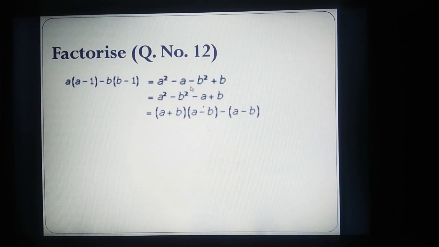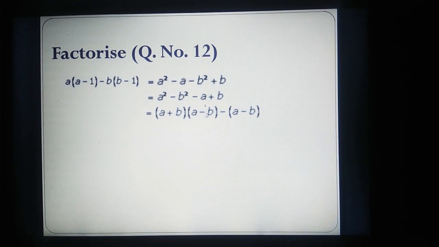Now I'm taking the square terms together. When these square terms are kept together, then this a square minus b square can be written as this one, right? And similarly if I take this minus outside, then this plus becomes minus.